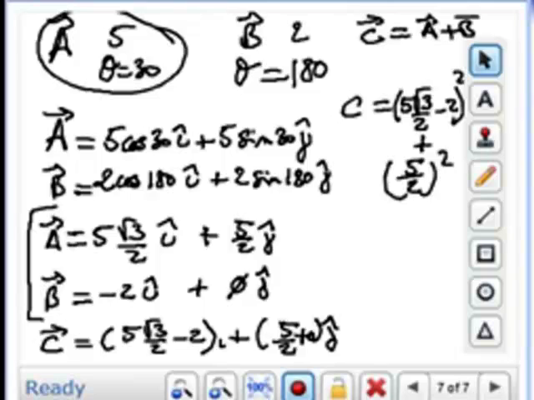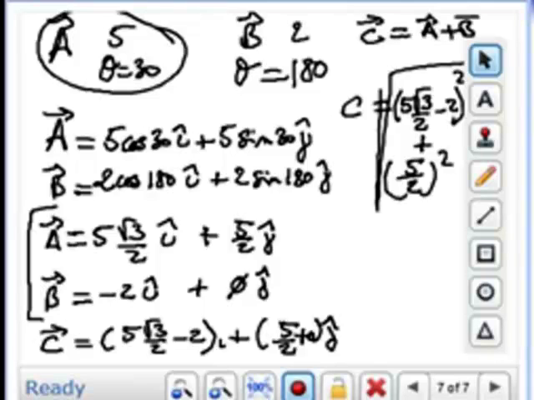I'm going to take the square root of the whole thing, and this will give me the magnitude. And as I take the square root, I don't have to worry about both solutions, negative and positive, because I'm dealing with vectors, and the length of a vector cannot be negative. It has to be positive. So you only keep the positive solution.